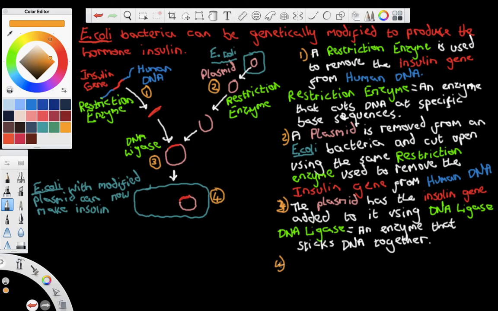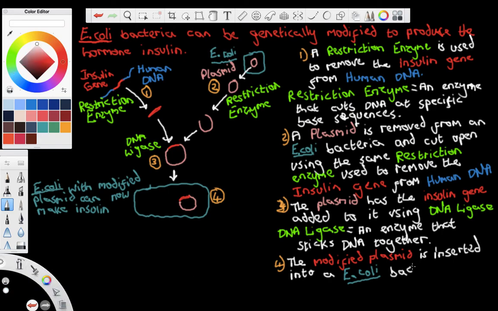So number 4, the plasmid, or the modified plasmid, is inserted into an E. coli bacteria which now makes insulin. Okay, so this bacteria now makes insulin.